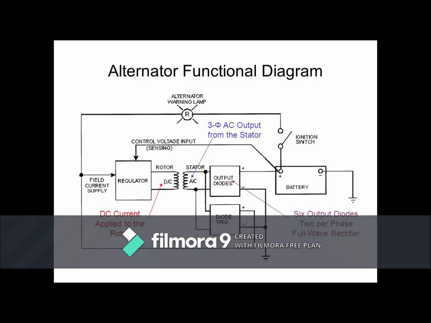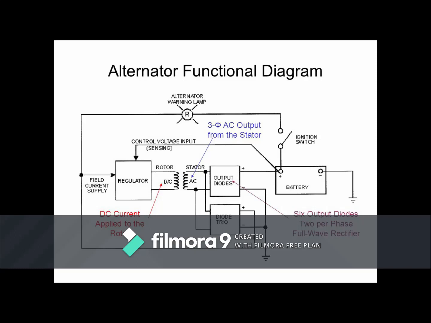It has 6 output diodes, 2 per phase, to make a full wave rectifier. The positive output diodes connect to the positive battery and the negative output diodes connect to the ground and the negative of the diode trio.